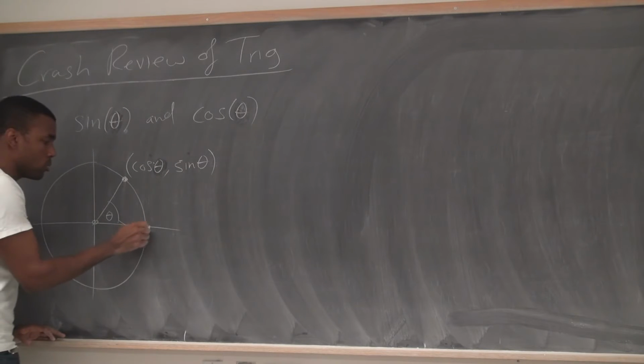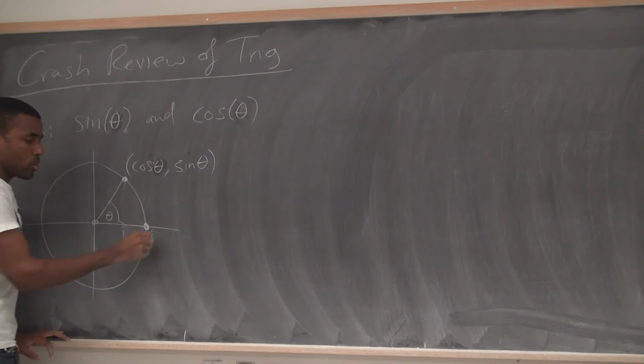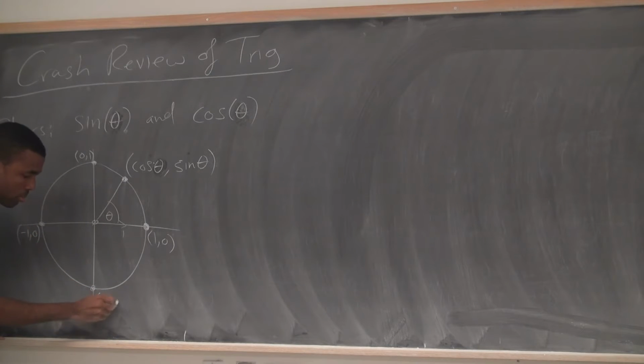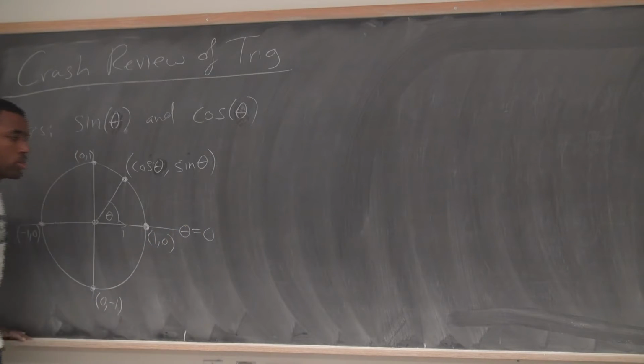So we can know a few elements here. This would be the coordinate (1, 0), right? This would be the coordinate (0, 1). This would be the coordinate (-1, 0). This would be the coordinate (0, -1). We also know these angles. This is theta equals 0, this is theta equals pi over 2, this is theta equals pi, this is theta equals 3 pi over 2.